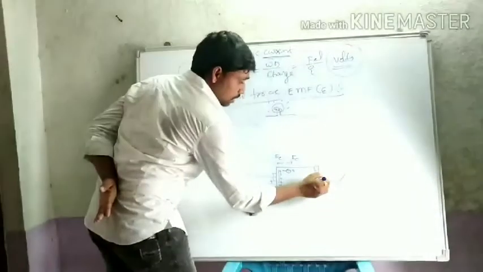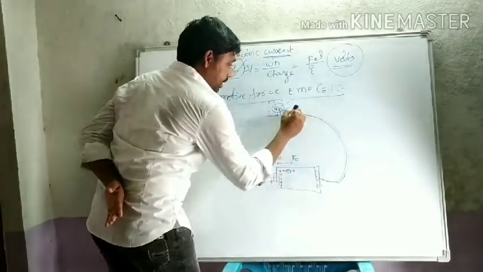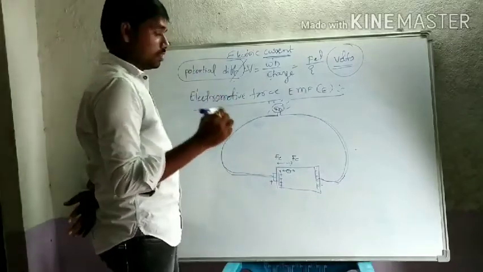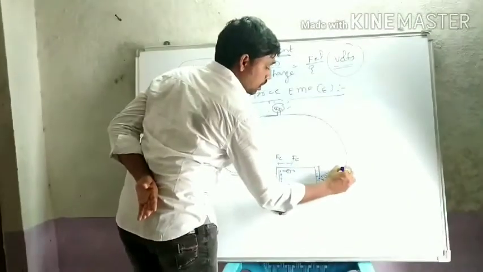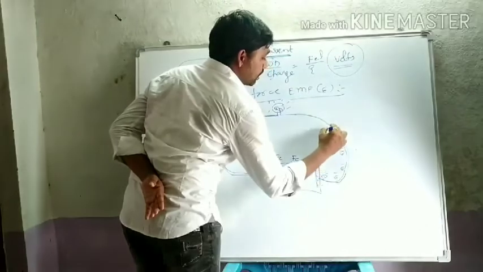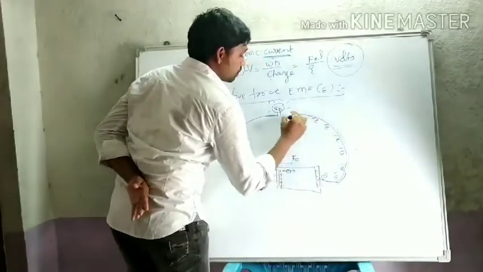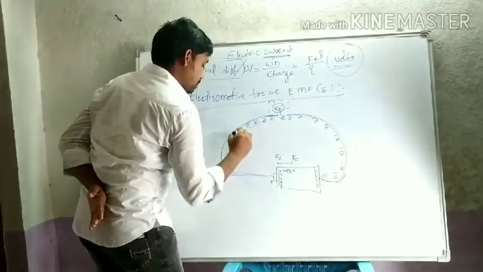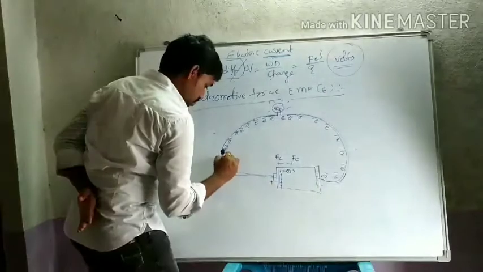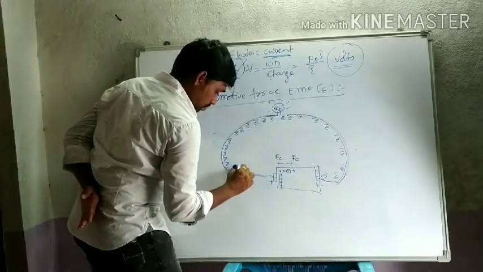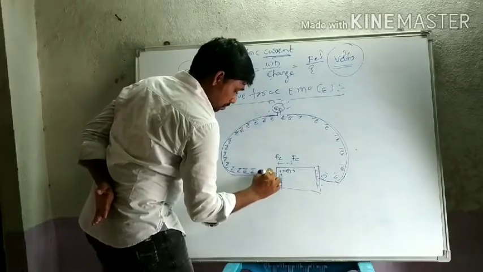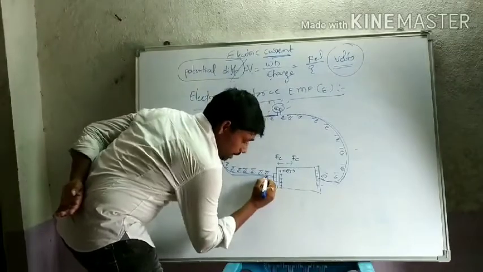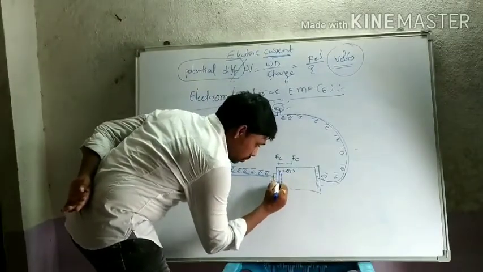Here we know that a conductor has a large number of free electrons. So across the whole conductor we have a large number of free electrons. Here this is the negative terminal and this is the positive terminal.